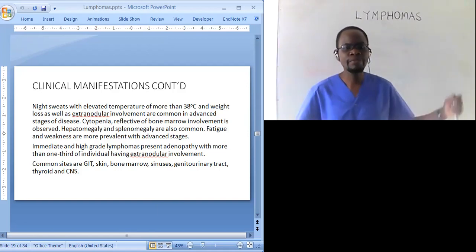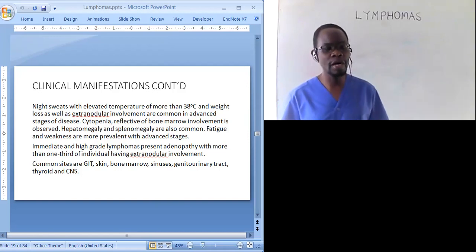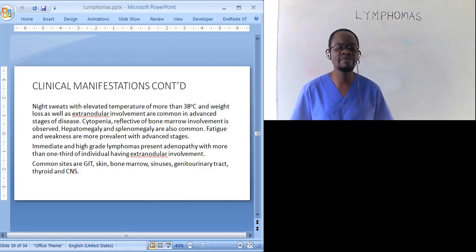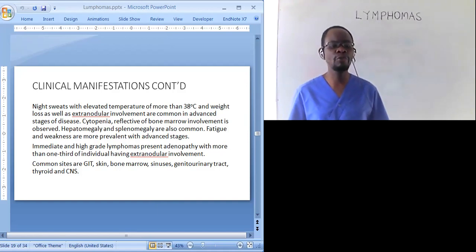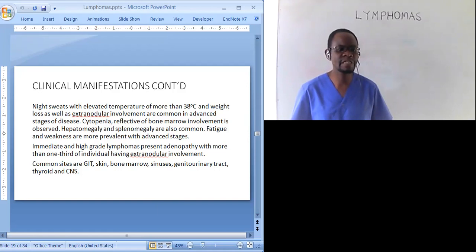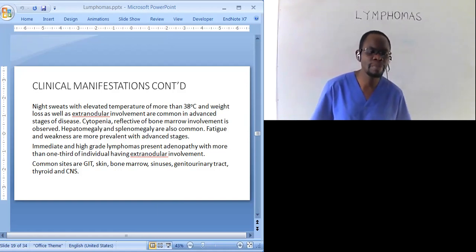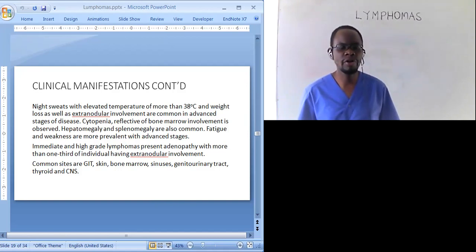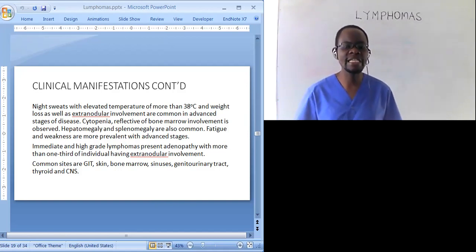And of course, depending on where it has gone, if it is within the GI, then you'll have issues like stomach ache and fullness, the experience as if you're full. If it is within the CNS, you might have issues that have to do with intracranial pressure, an increase in ICP.